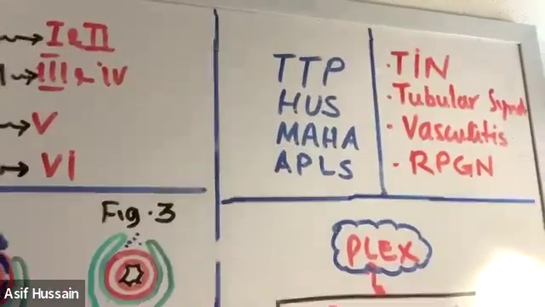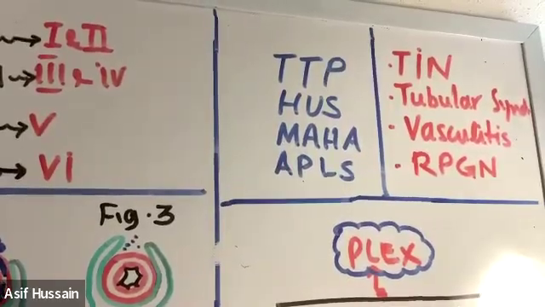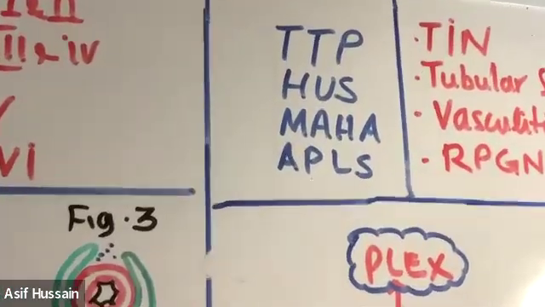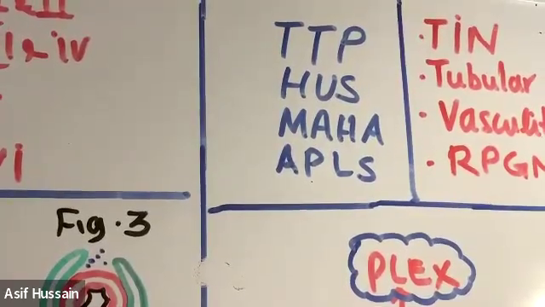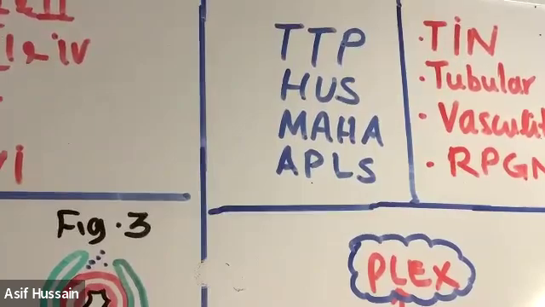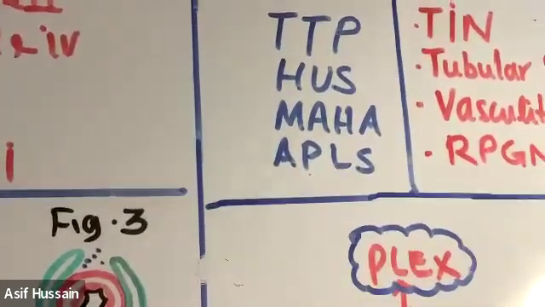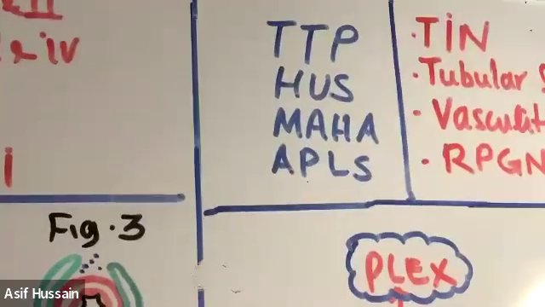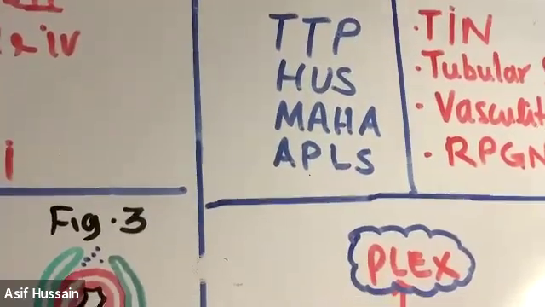So basically the patient has microangiopathies causing hemolytic anemia, which causes plug formation of the red blood cells, which block the capillaries, and there's intravascular hemolysis. I'm not going into the detail, but the patient has intravascular hemolysis and capillary blockage causing glomerular findings.